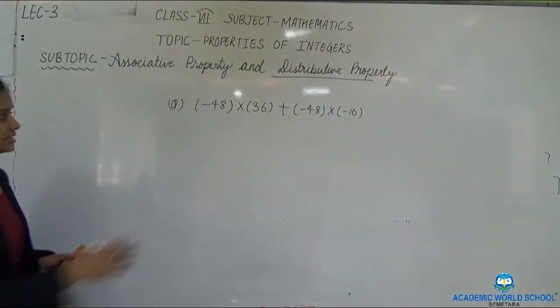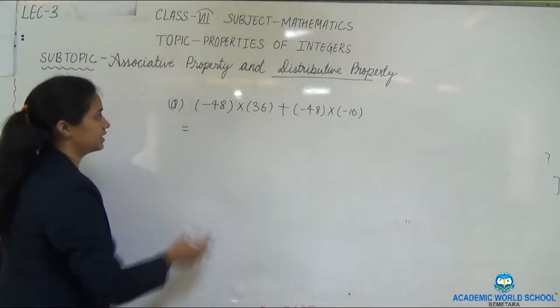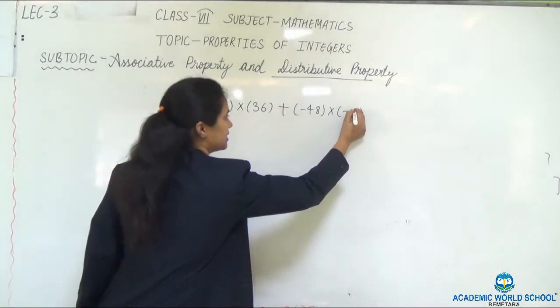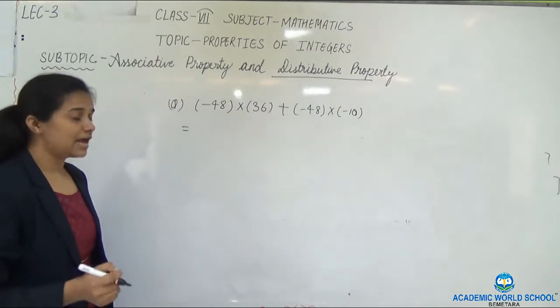If you see, this is the right hand side of the distributive property and I have to solve it. Multiplying this and then multiplying this then adding is a lengthy method. So I can use the distributive property and make it very short.